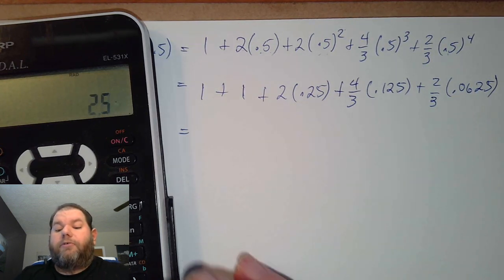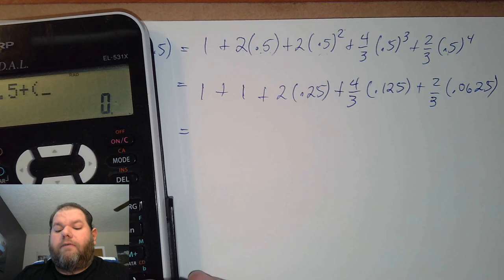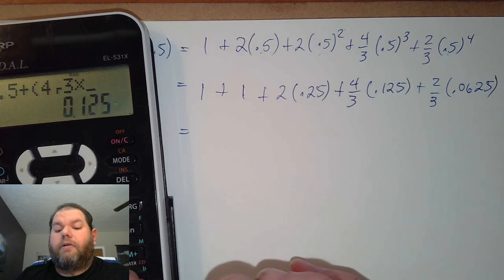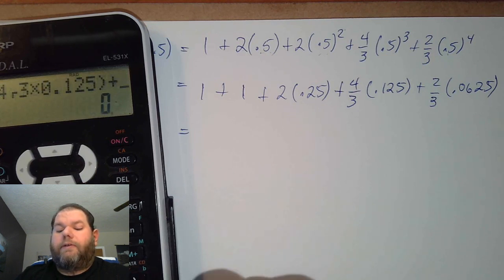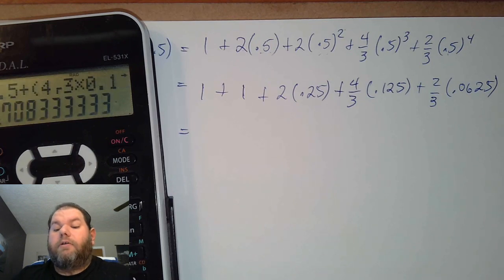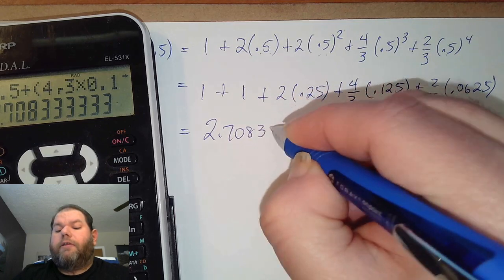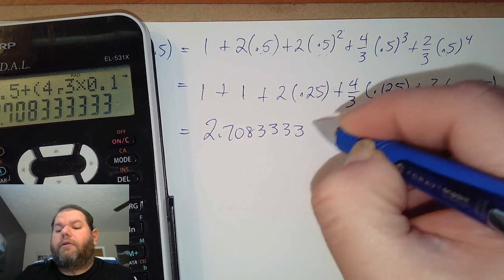So we start with 2.5 plus, and we get 4 over 3 times 0.125, plus, parentheses, 2 over 3 times 0.0625. So we get 2.708333, etc.